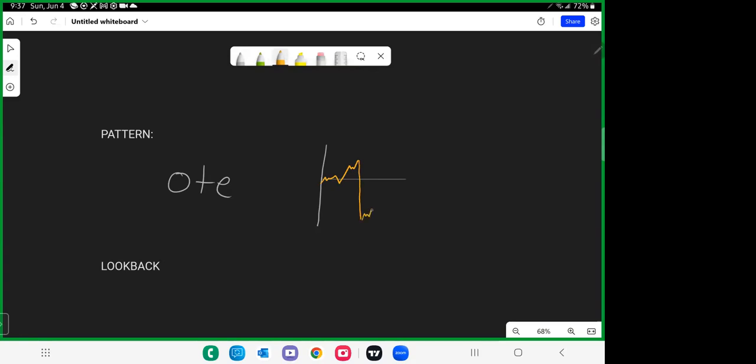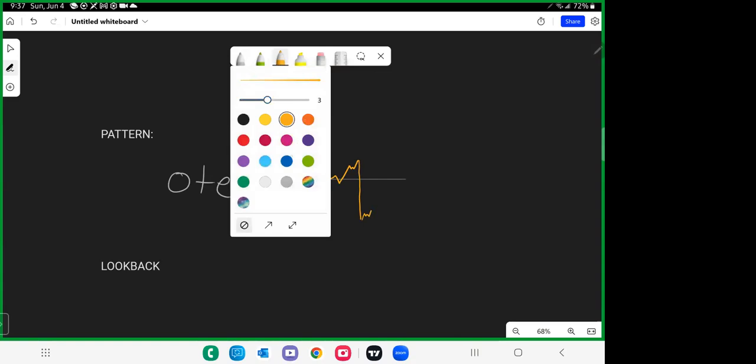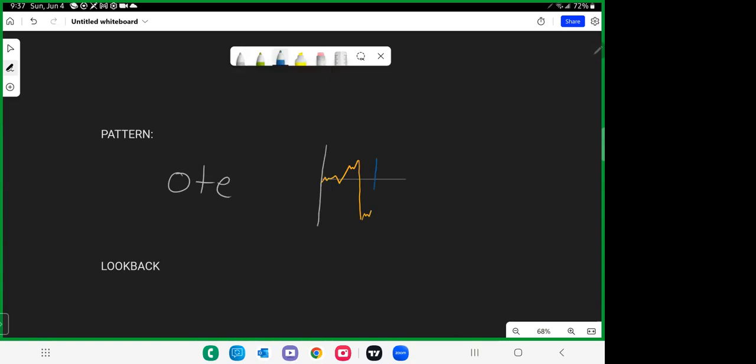New York, 7 a.m. opens here, inside of London's range. All right. So at this point, we know that this is a highly probable stage or setup to get that optimal trade entry.